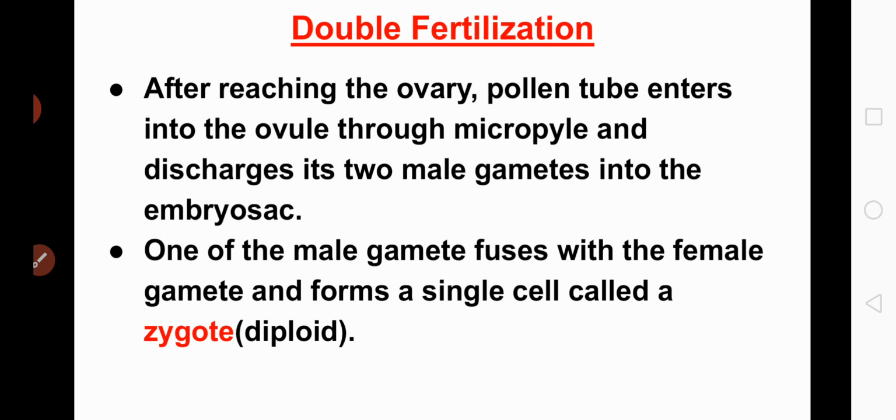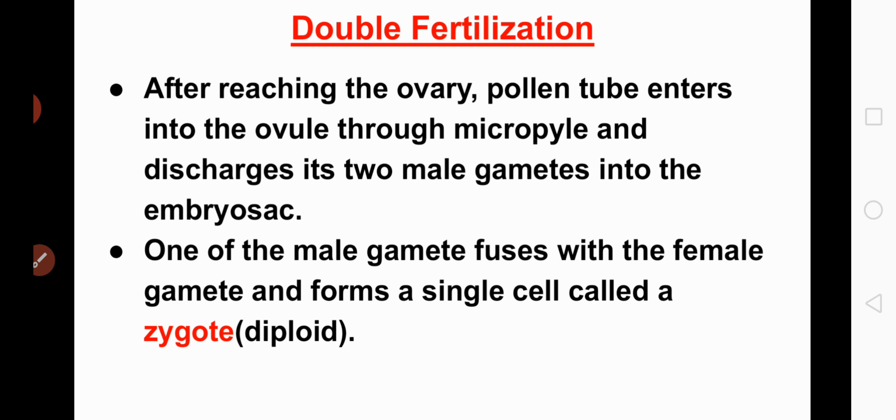Now all the contents of the pollen grain, which includes two male gametes, are transferred to this pollen tube, and later on the pollen tube reaches the ovary by passing through the style region. Understood? Now after reaching the ovary, the pollen tube enters into the ovule through the micropyle and discharges its two male gametes into the embryo sac.